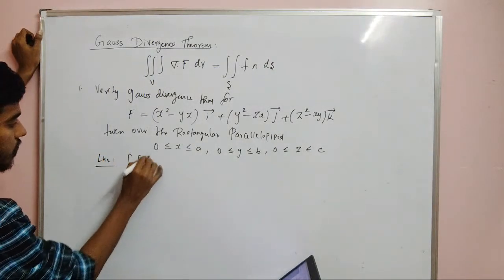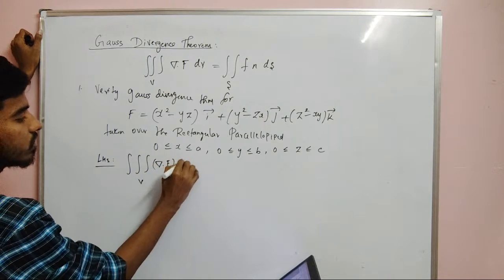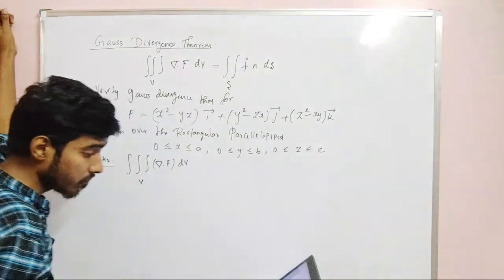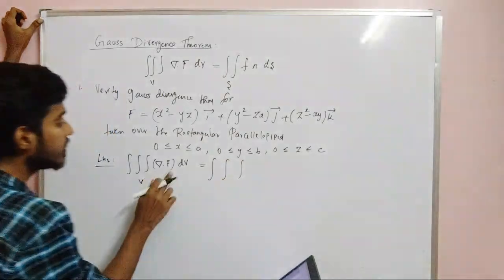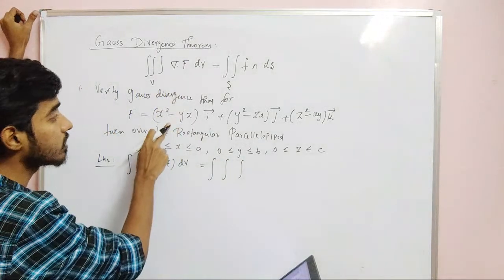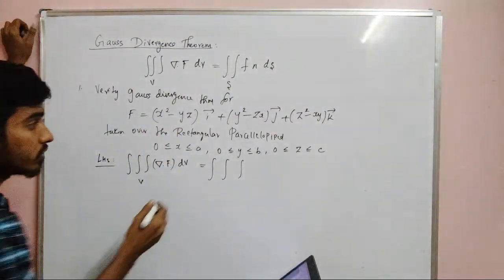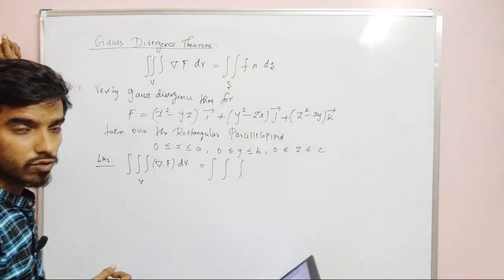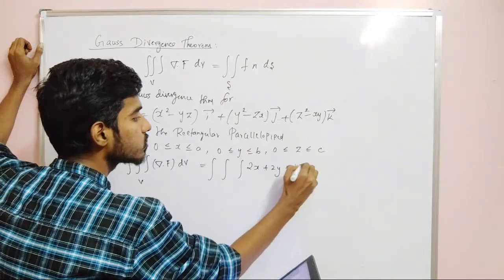So LHS is triple integral over V del dot F dV, and here you can see dV is nothing but dx dy dz, and what will be my del dot F? So we need to take divergence for this F. For divergence we need to differentiate the first component with respect to x, second component with respect to y, and third component with respect to z. So we have this equal to 2x plus 2y plus 2z, right?